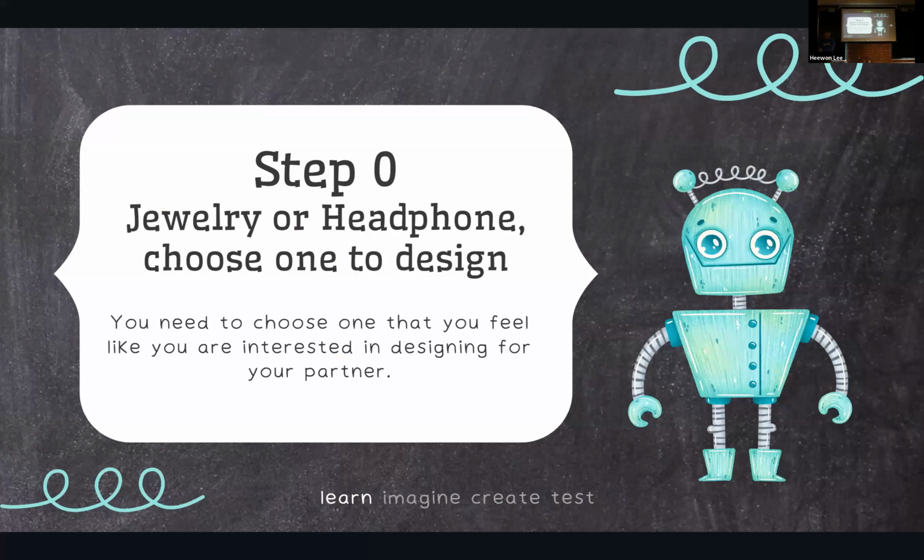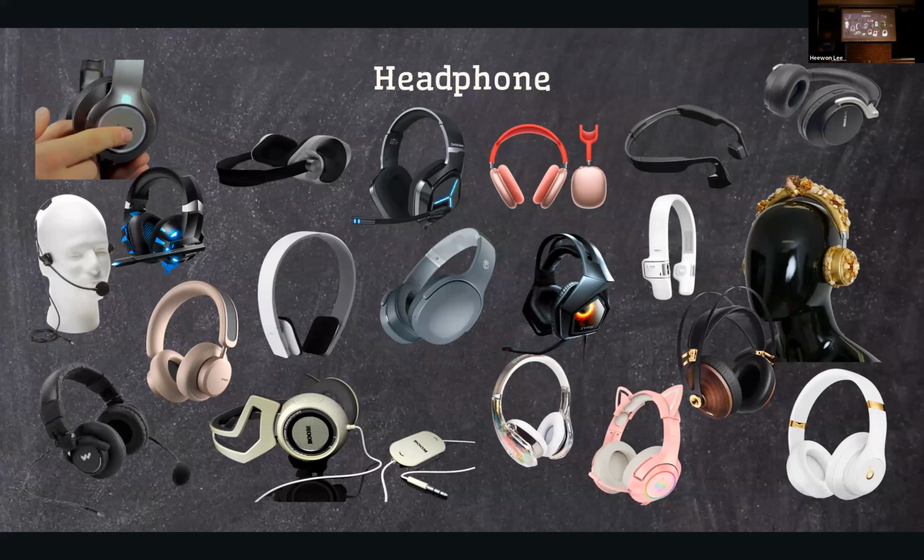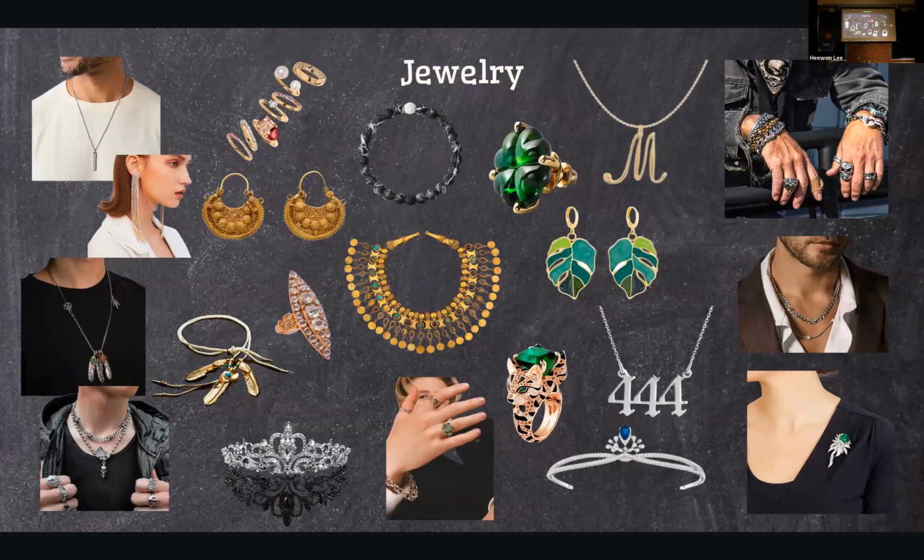We provide 2 options, 2 products, so they can choose which one they would like to design. They need to choose one that they're interested in designing for their partner. The first one is headphones and the other one is jewelry. And these are some photo references of headphones as well as all kinds of jewelry.